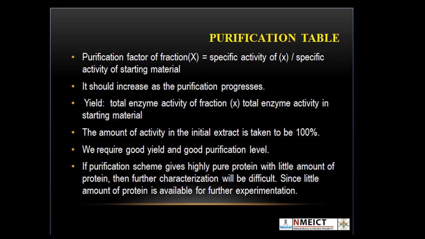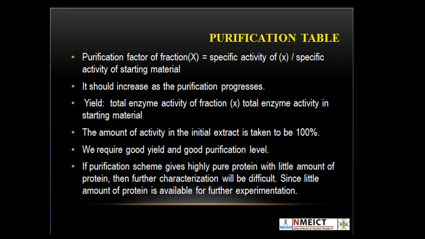If the purification scheme gives highly pure protein with a little amount of protein, then further characterization will be difficult, since little protein is available for further experimentation. If the purification scheme gives less pure protein with a high amount of protein, then your protein sample may carry contaminants in the final product, and it may complicate further analysis and interpretation.